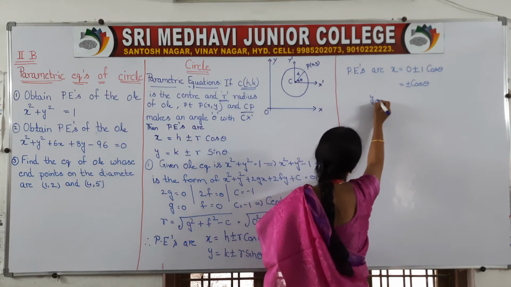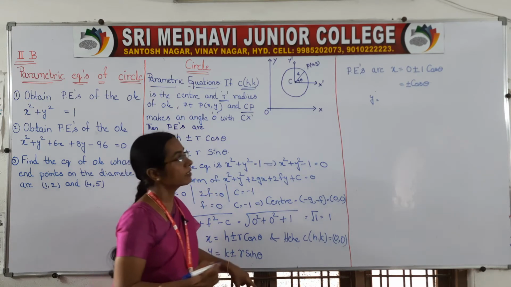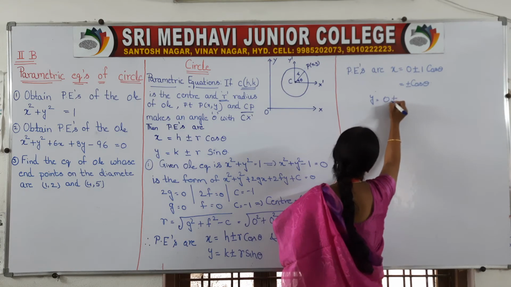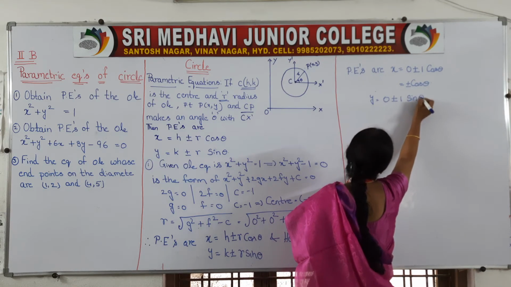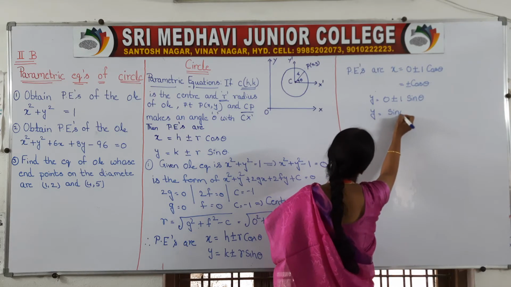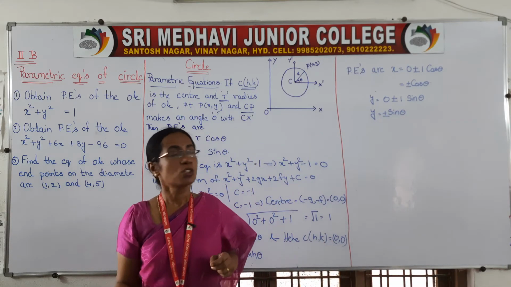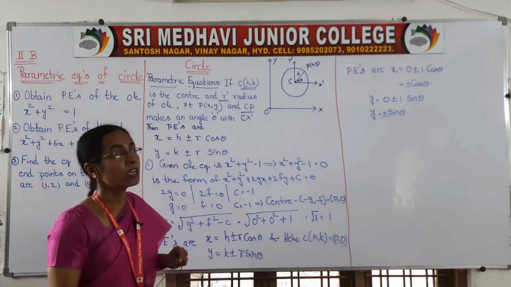Next y is equal to k plus or minus r sin theta. So 0 plus or minus 1 sin theta. So y is equal to sin theta, or plus or minus sin theta, is the equation. So these are the parametric equations, the x equation and the y equation.